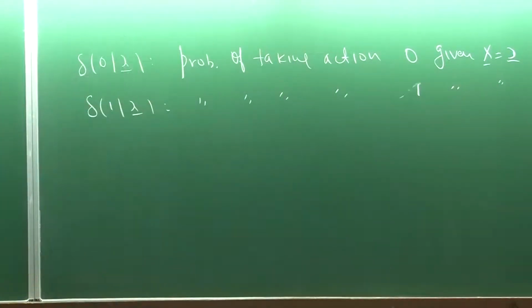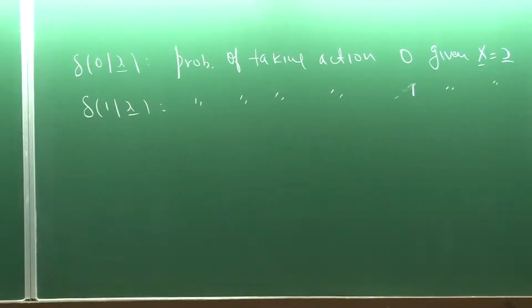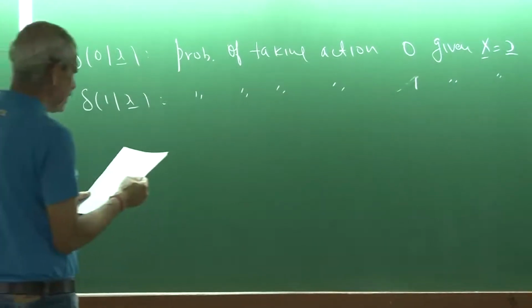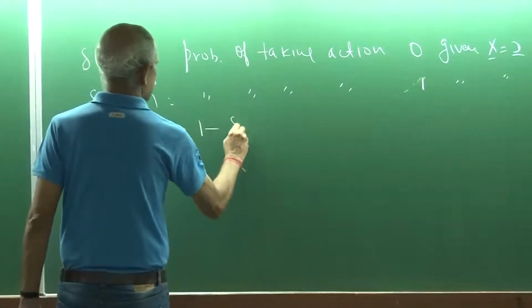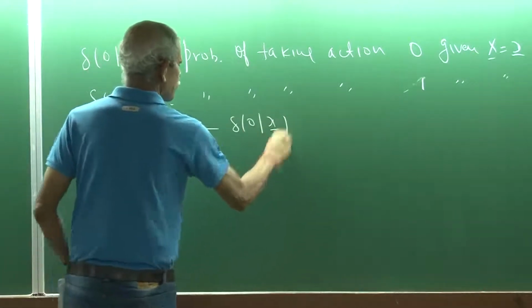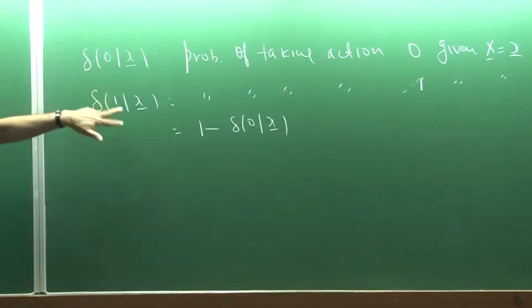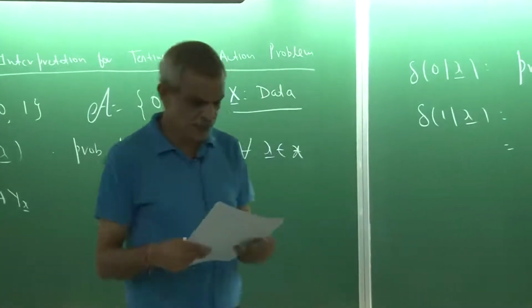So of course, since delta is a probability distribution on only 2 points, delta 1 given x has to be the same as 1 minus delta 0 given x. So in fact, once I know delta 1 of x or delta 0 of x, the other quantity is automatically determined.